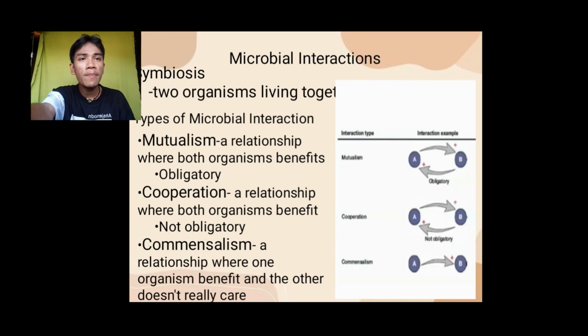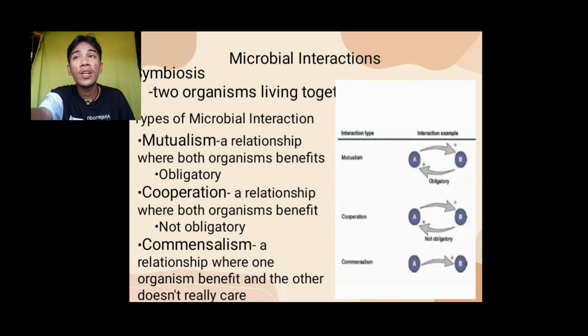So in microbial interactions, we have the types of microbial interactions. First, the mutualism. Okay, so this is just a brief meaning or explanation. Let's go deeper maya-maya lang din. So when we say mutualism, it is a relationship where both organisms benefit each other. Okay?